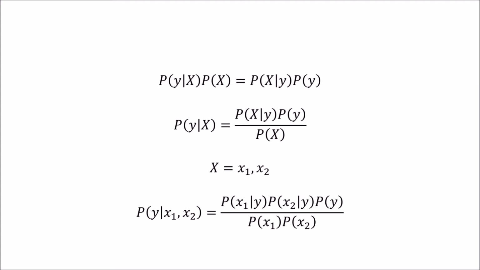In our classification problem, we are interested in y given the features x, so we can divide through to get the probability of y given x is equal to the probability of x given y multiplied by the probability of y divided by the probability of x.